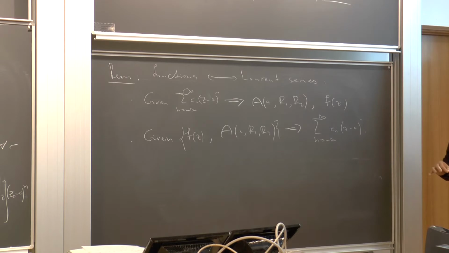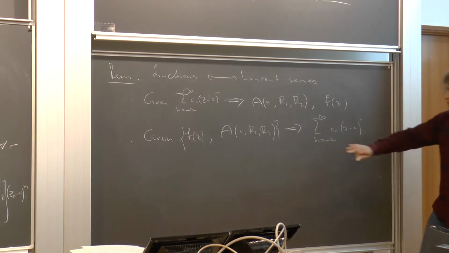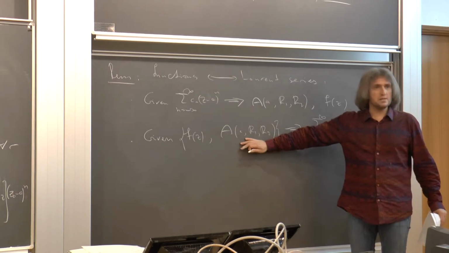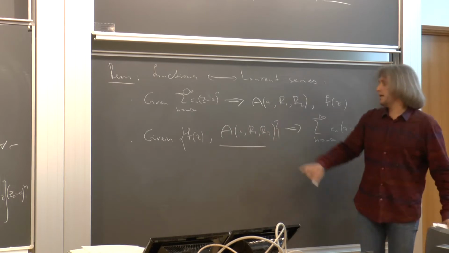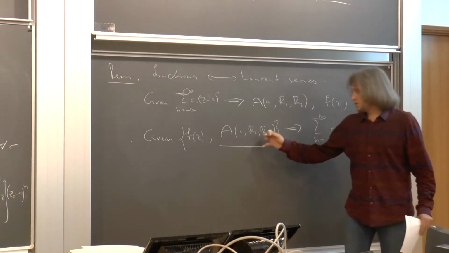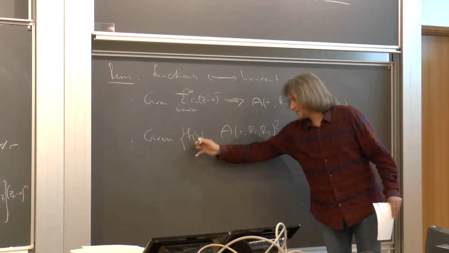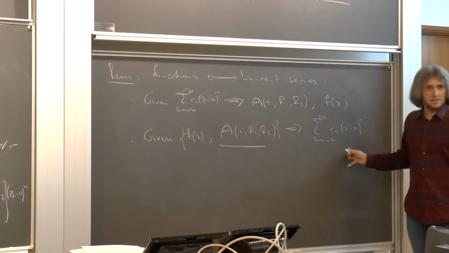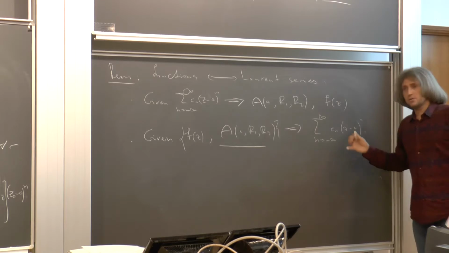Which means that for the same function in different annuli, you'll get different series. So I included this as part of the data because keeping the same f but changing the annulus will produce different series. I want to demonstrate this.